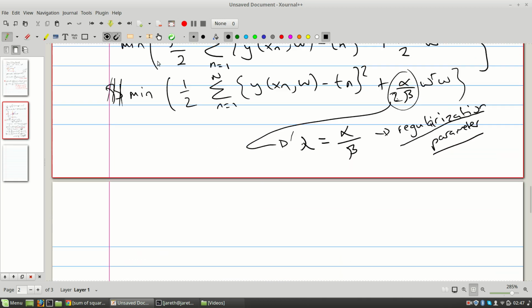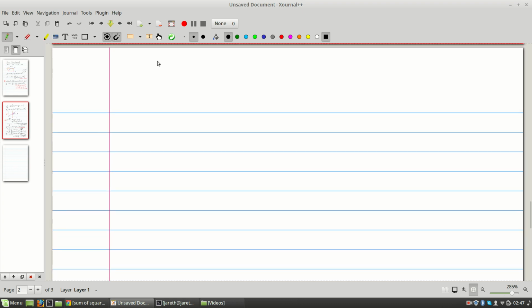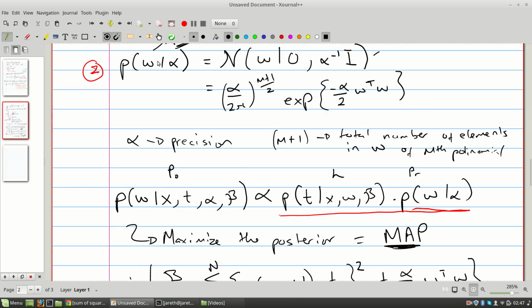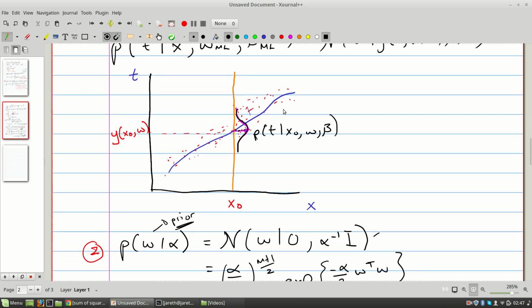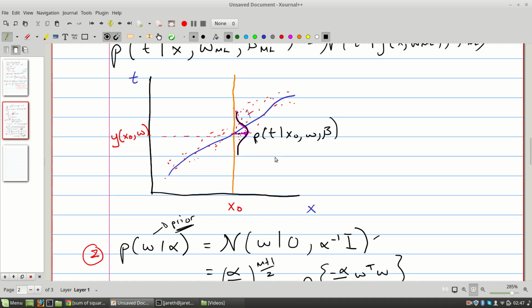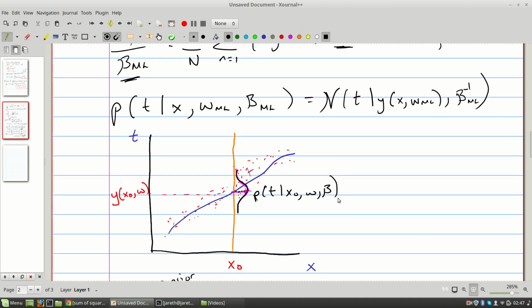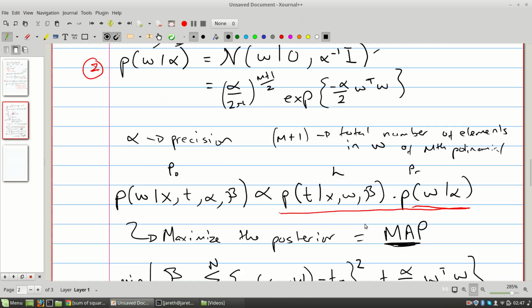So we have our regularization parameter. We included this prior, and the thing is that we are still making a point estimate for W. Of course, for T, we now have a predictive probability over this whole data set, where the probability of T is given the value of W and beta and so on.